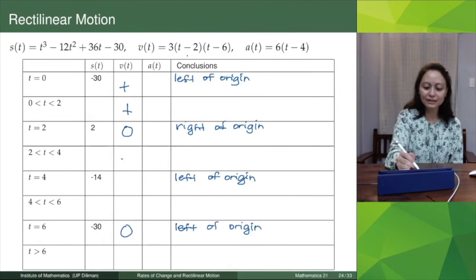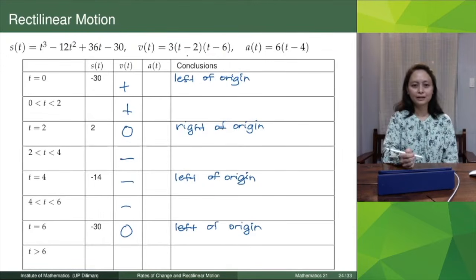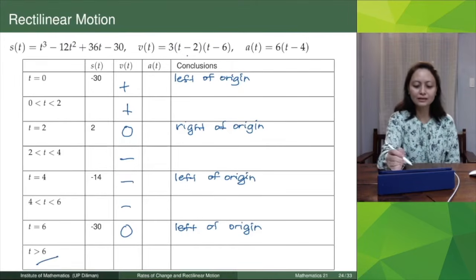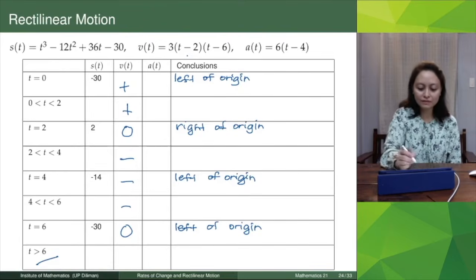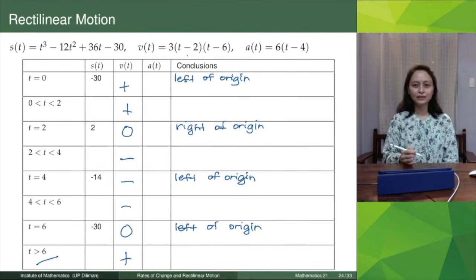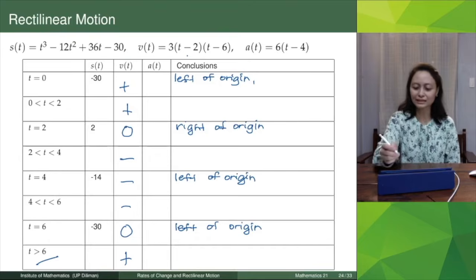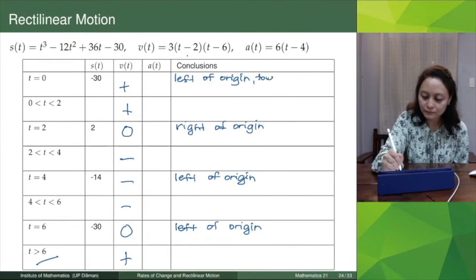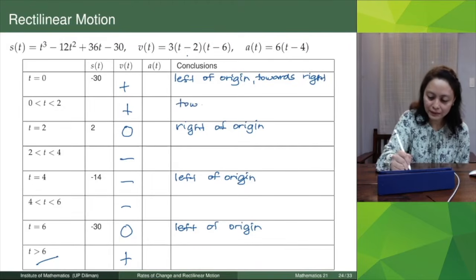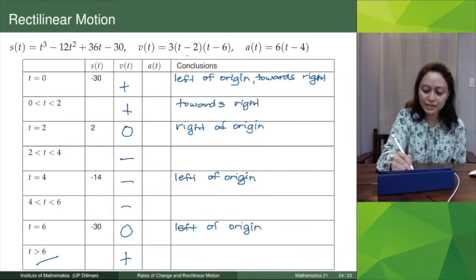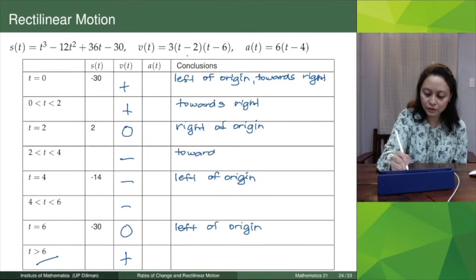Positive times negative, negative. Okay? Then for values of t greater than 6, so this will be positive, positive, we have positive. Okay? So, yan yung sign ng velocity. Interpretation natin, if the velocity is positive, the particle is moving to the right. Fill up lang natin. So, if the velocity is negative, it's moving towards the left.